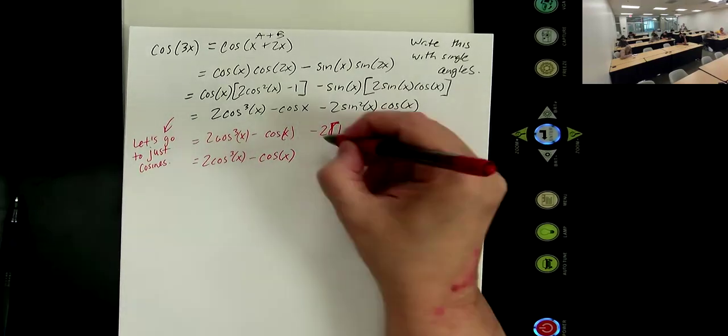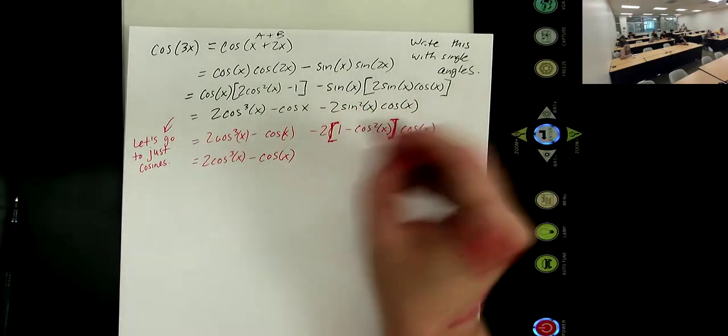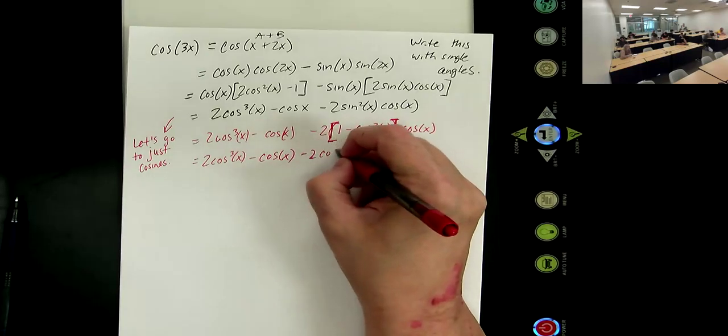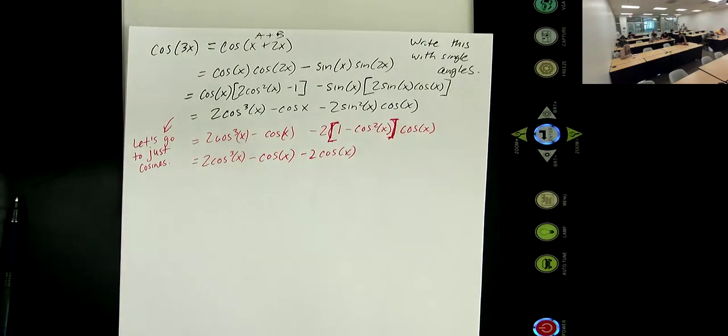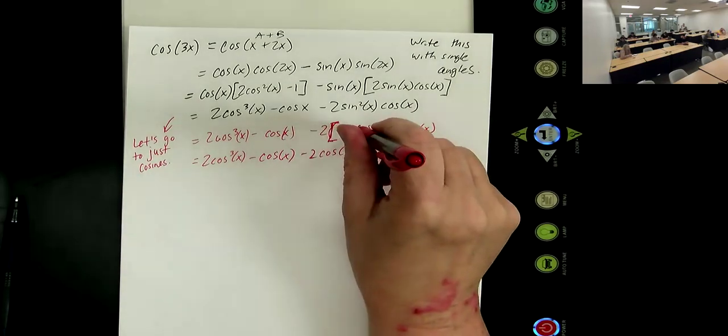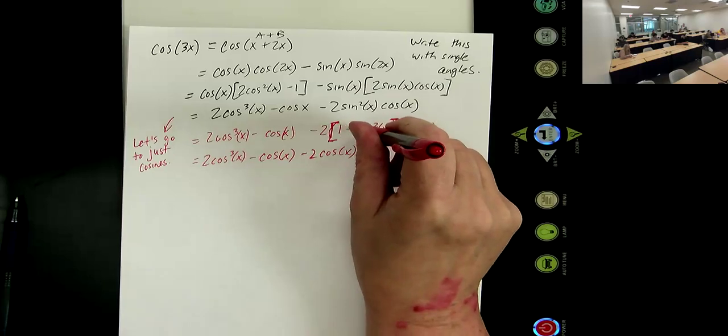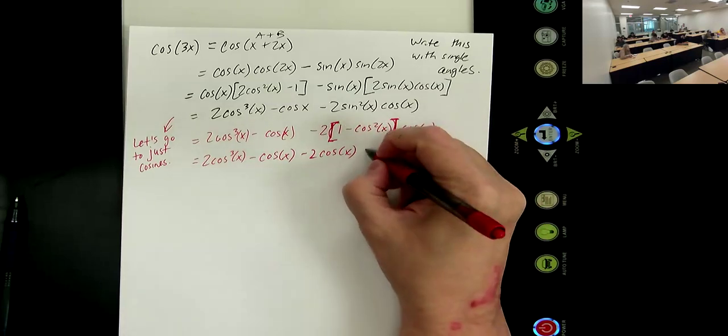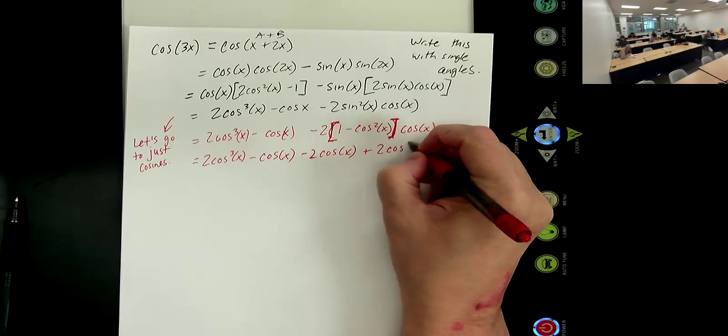That part's not changing yet. I've got minus 2 times 1 times cosine x, which is minus 2 cosine x. And then minus 2 times negative cosine squared x, times cosine x, is plus 2 cosine cubed x.